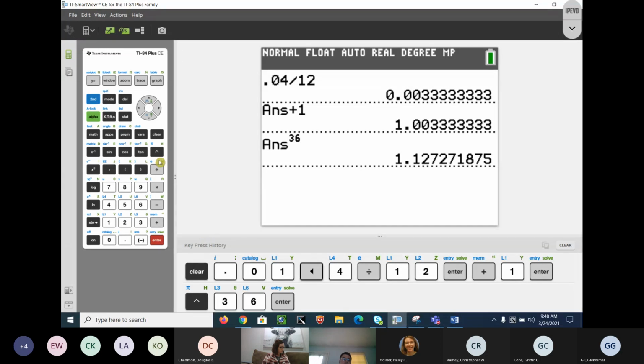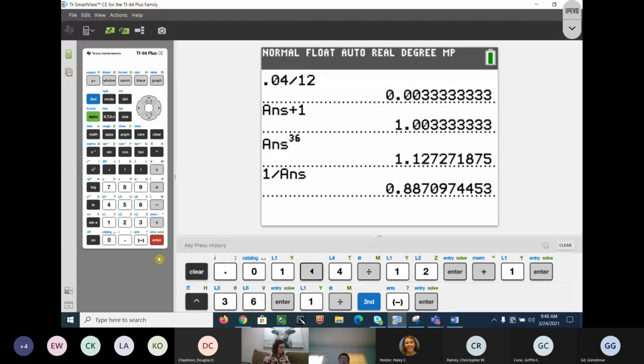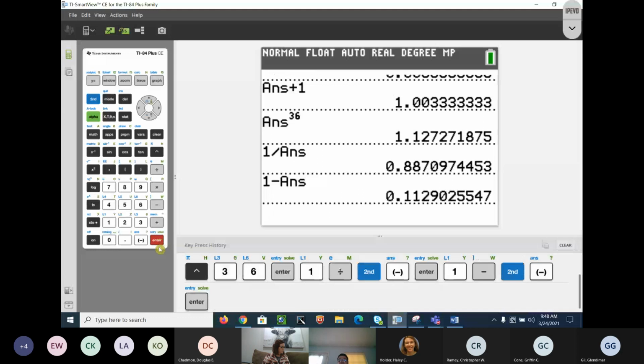So 1 divided by second answer, which is the negative symbol beside the enter sign. So that's 1 divided by 1.12, blah, blah, blah. And 1 minus second answer is 1 minus 0.887, blah, blah, blah. And that is my denominator. 0.1129. Check yours and see if that's what you got.